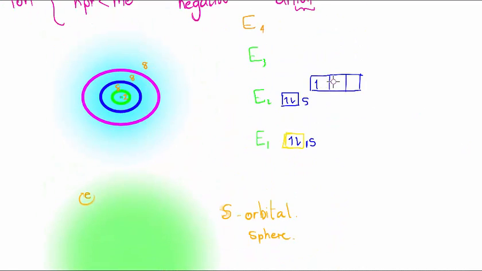So I will fill up 1 in each, and then I'll start filling up a second one in each. The moment I have another electron, I'll fill up an s orbital. So this is called the second s orbital. This is called the second energy level's p orbitals.